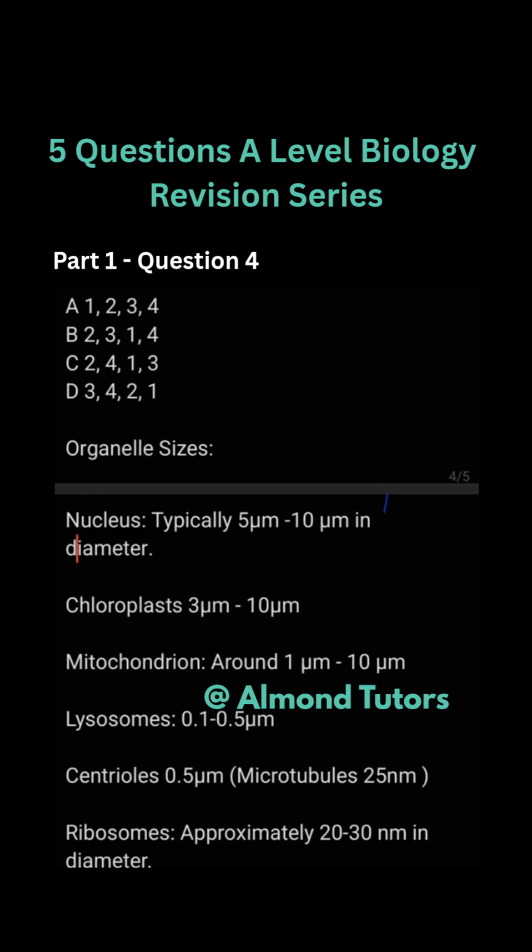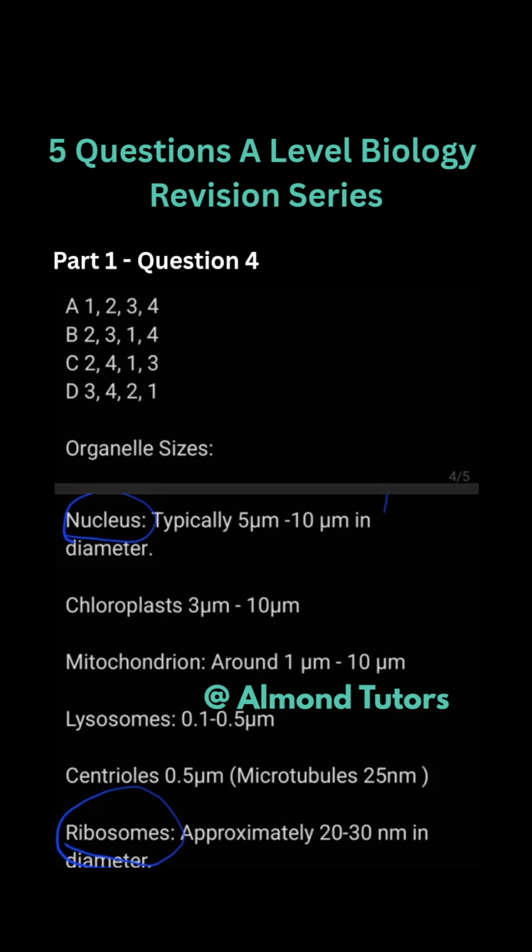If you can remember that, it will really help you. And the ribosome is the smallest organelle. In most cases, they will give you ribosomes and nucleus. So if you see ribosome, think smallest. See nucleus, think largest. Okay?